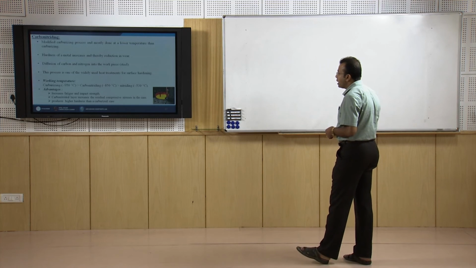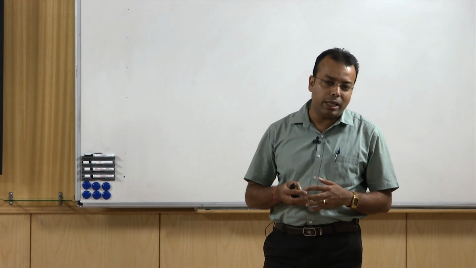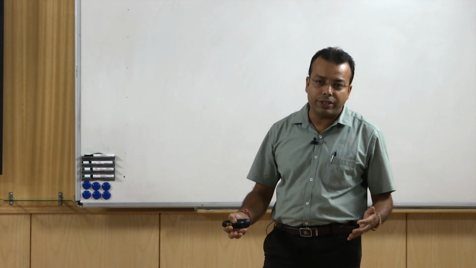Then next one is carbonitriding, a modified carburizing process, mostly done at a lower temperature than carburizing. Hardness of the metal increases and thereby wear is reduced, through diffusion of carbon and nitrogen into the workpiece. This is also one kind of modified version of the nitriding process.